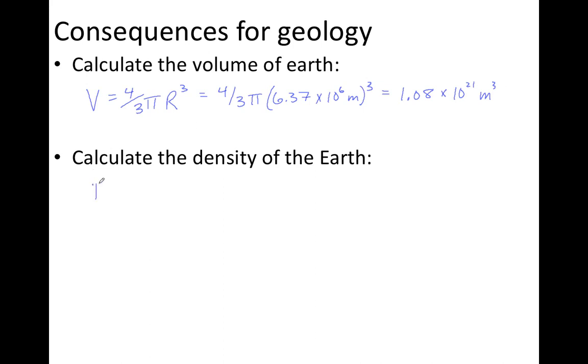If we know the volume of the Earth and the mass of the Earth, we can calculate the average density of the Earth, taking its entire mass and dividing by its entire volume. Once Cavendish had figured out the mass as 5.96 times 10 to the 24th kilograms, I can divide that by the volume of the Earth.